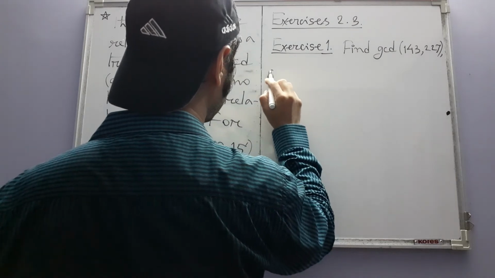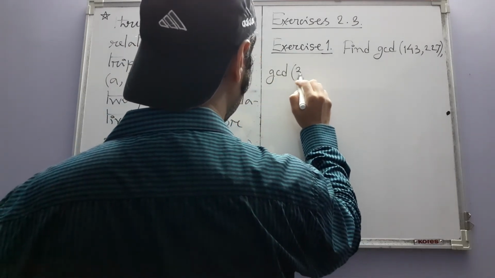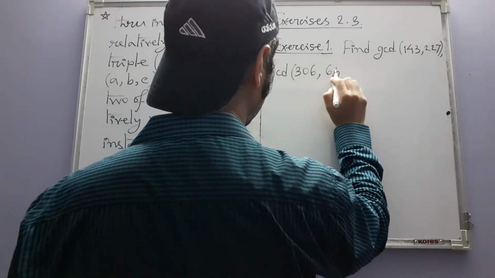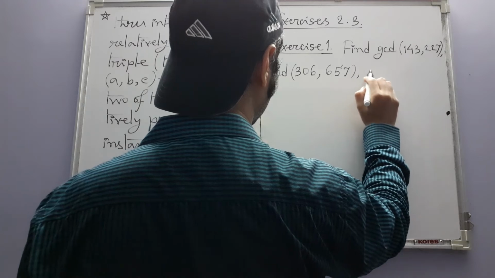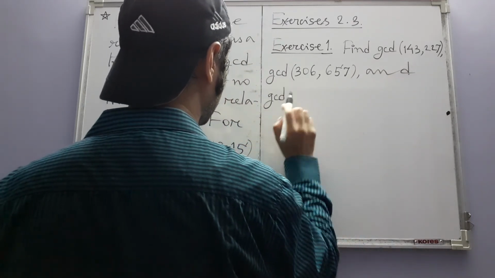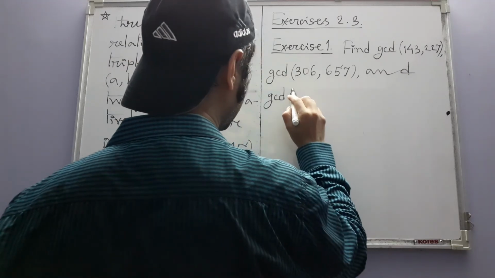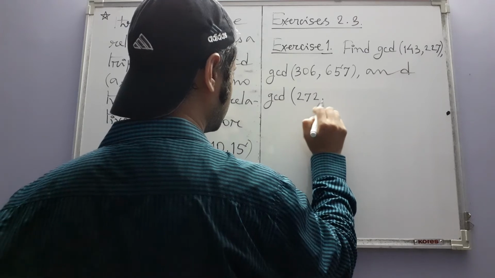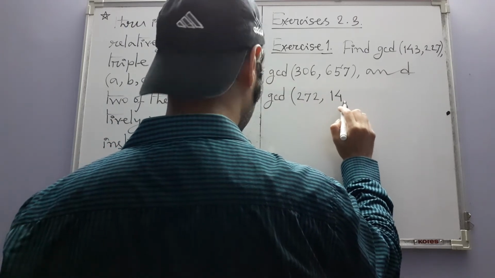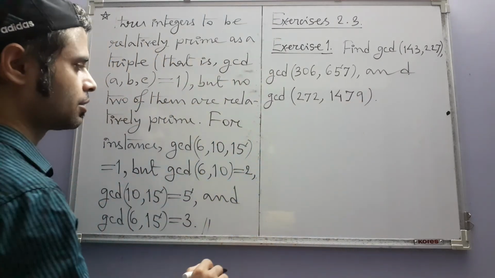Then next, the GCD of 306 and 657, and the GCD of 272 and 1479. So you already know the procedure.